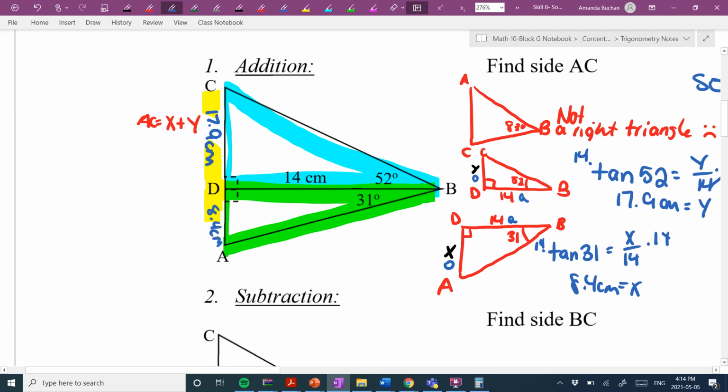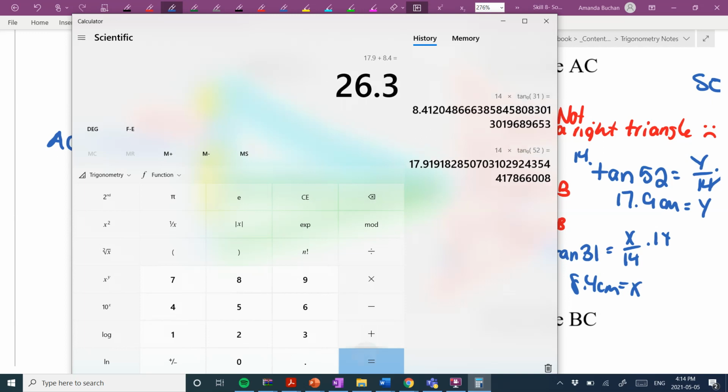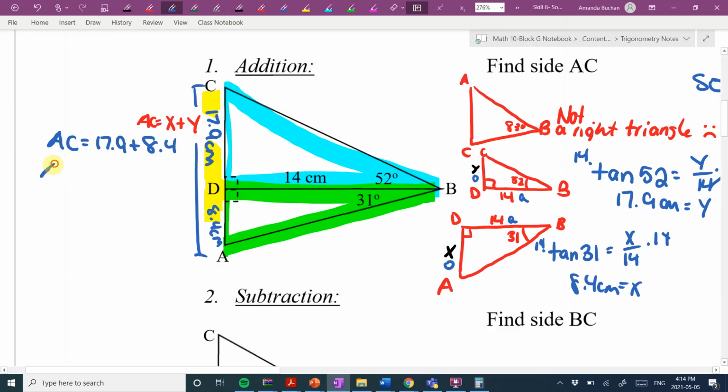Now what I'm looking for is this entire length. So to find my final answer, I'm going to need to go 17.9 plus 8.4, which is 26.3.